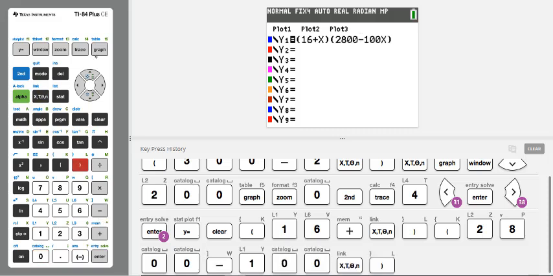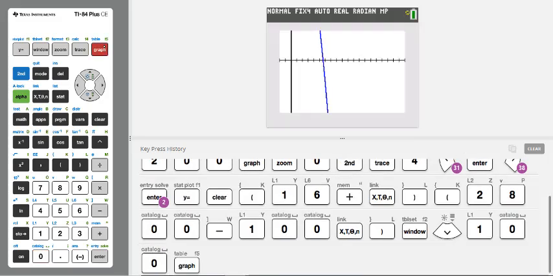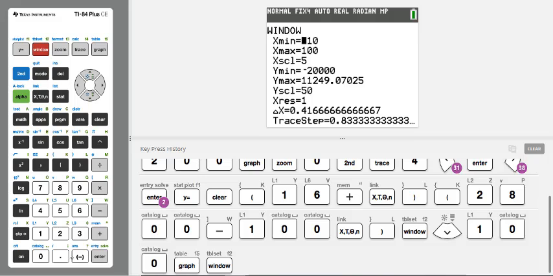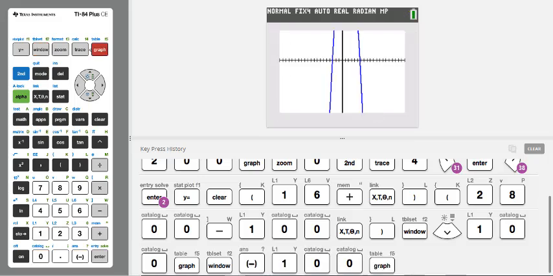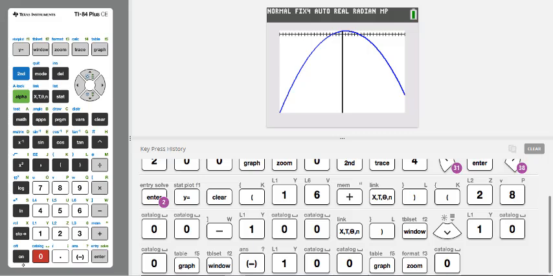All right, so we're just going to look at my window. I think that's plenty. There we go. Just wanted to make sure. Now if I hit zoom 0, yeah, I see it right there.